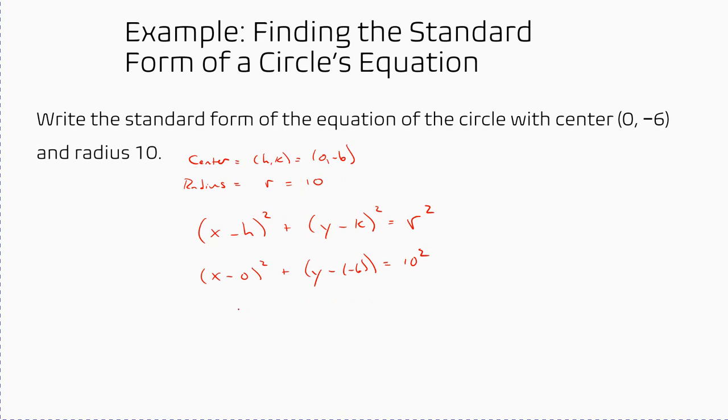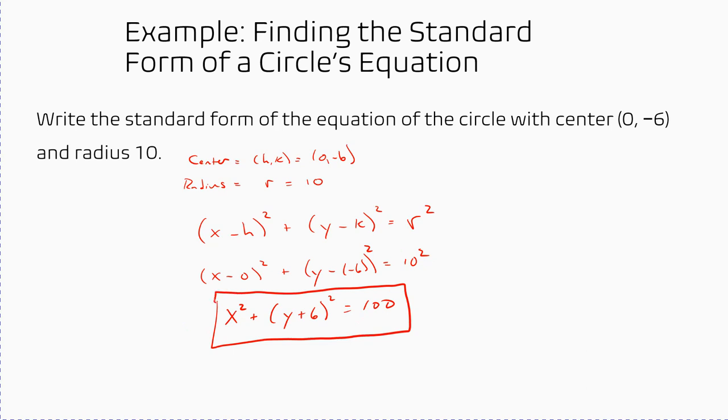X minus 0 is just x, so this is just x squared plus, negative becomes a positive, (y plus 6) squared, equals 10 squared, which gets me 100. This right here is the standard form. It's x minus h, but there's no h there, so the x center is 0. This plus, with the double negative, turns into a positive, so this tells me that the k value, the y value of the center, is -6.